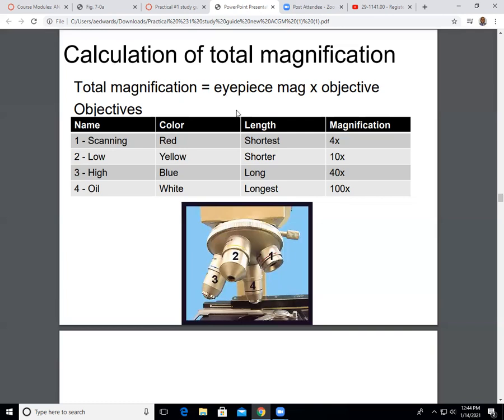All right, so how does that relate to total magnification? Well, I'm glad you asked. For the sake of this example, we're going to go with an eyepiece magnification of 10x. And again, read the question. Maybe it's 10x, maybe it's not, but you've got to figure that out. So the eyepiece magnification is 10x. For the scanning objective, what's the total magnification then? 40x.